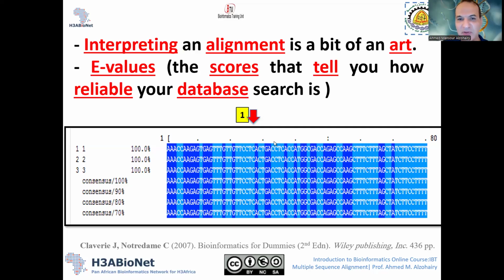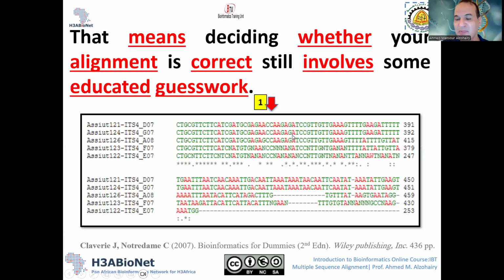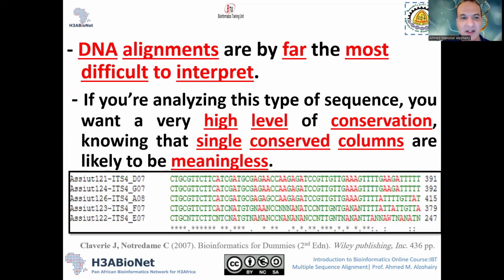So this is a very important thing that you have to be aware of. That means that deciding whether your alignment is correct still involves some educated guesswork. So you need to understand this to be able to continue your research.